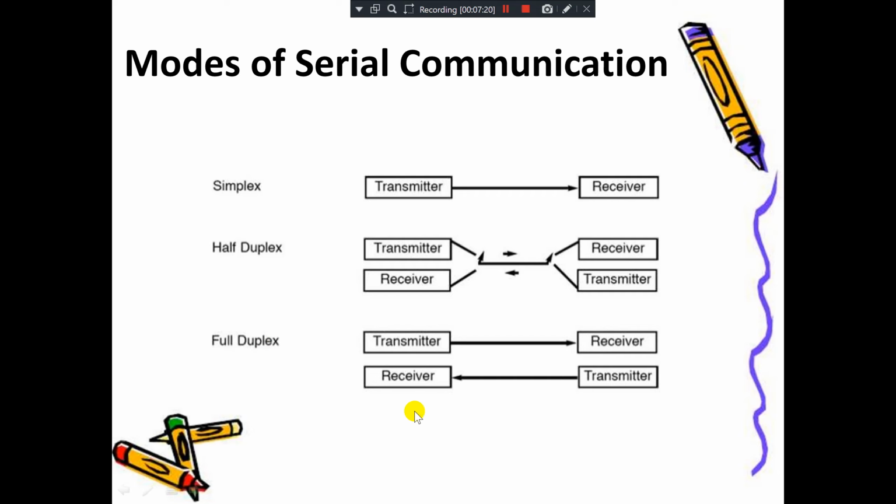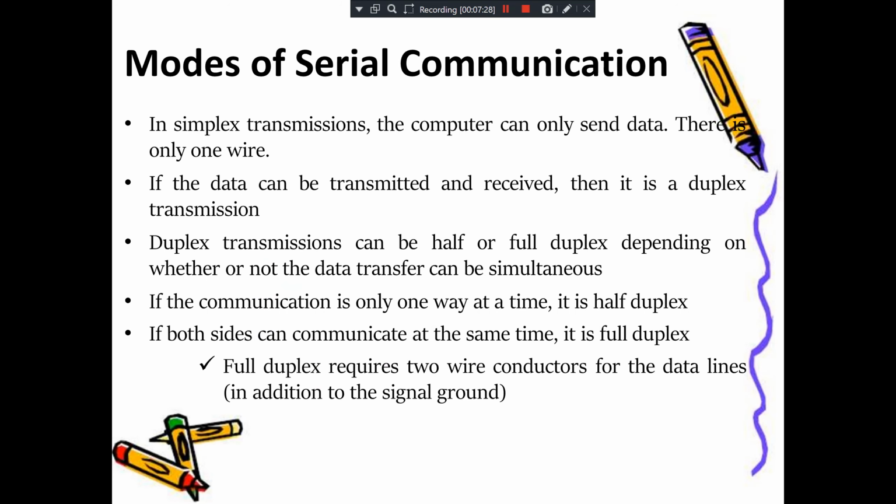And simplex, I told, is one-way communication. It can only transmit data. This is the important basic of serial communication. Next, the same thing: in simplex transmission, the computer can only send the data, therefore it is one wire. If the data can be transmitted and received, then we use duplex transmission.